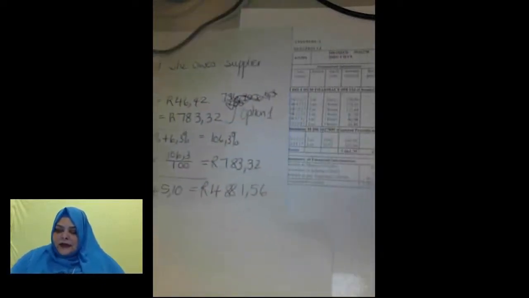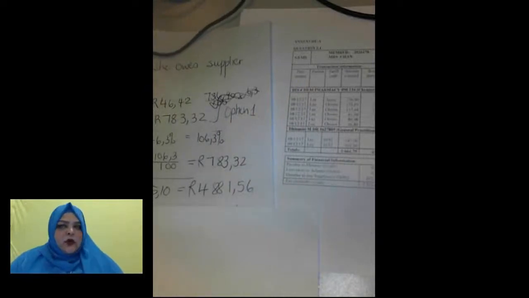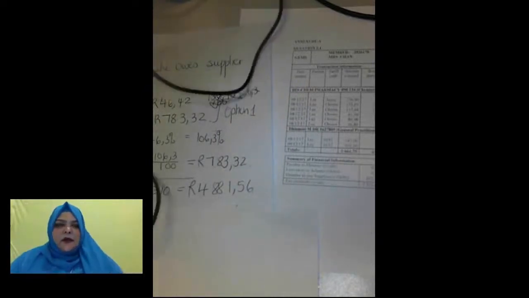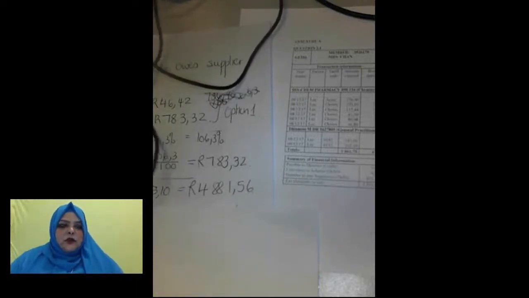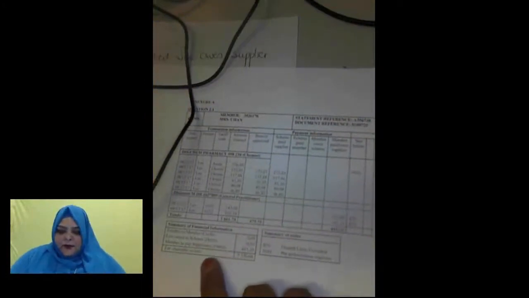Now, if you look at the summary of your financial information here, you see the member pay supplier debit: she paid the supplier 445 rand 10 cents.